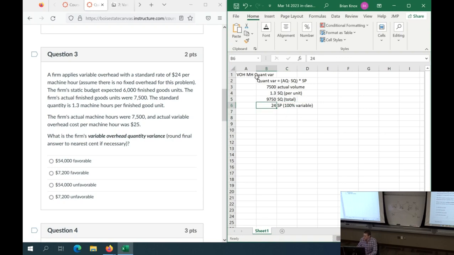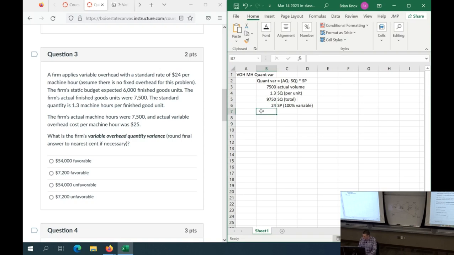Some problems will say, here's the PDOH rate, and 50% of it is due to variable costs. Then we would multiply that 24 by that 50% to get the variable PDOH rate, or the standard price. But that's not the case in this one. We have 100% variable costs for overhead.